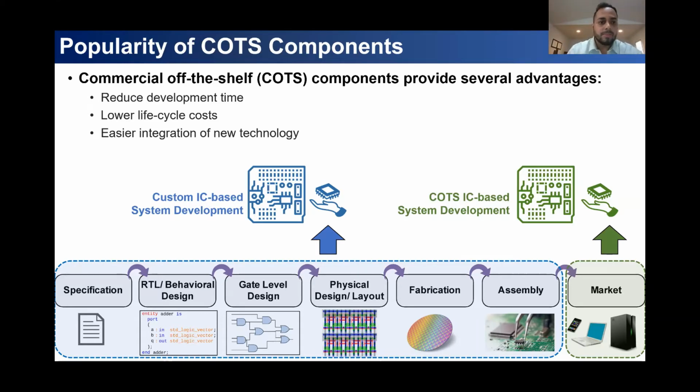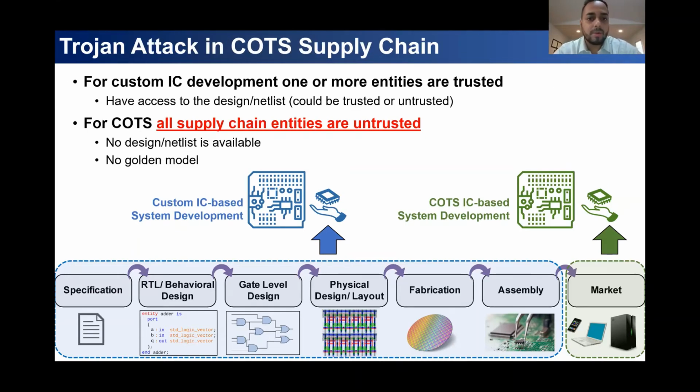Now, let's look at the problem of integrating COTS. One of the biggest challenges is the trust issue. When we design an integrated circuit by ourselves, we have some advantages. For example, at least we have the design to analyze for vulnerabilities.